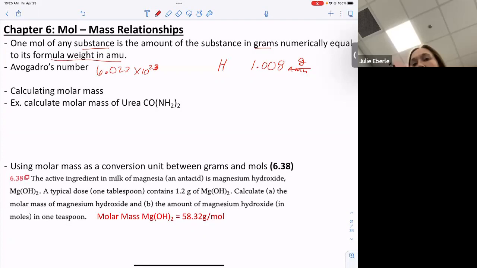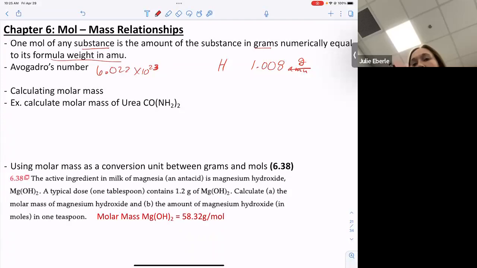After we introduced Avogadro's number and this idea of what a mole is, and how the amount of that substance in grams means we have 1 mole of that substance, we started calculating molar masses, okay? For example, calculate the molar mass of urea, which is CON2H4, written CO(NH2)2. How would we do that? We need to figure out how many of each kind of atom we have. And that's pretty simple.